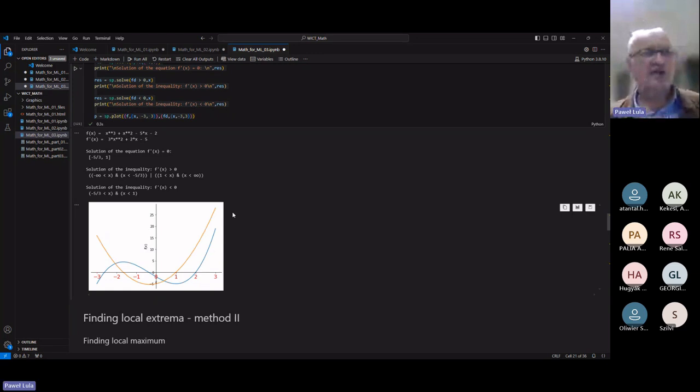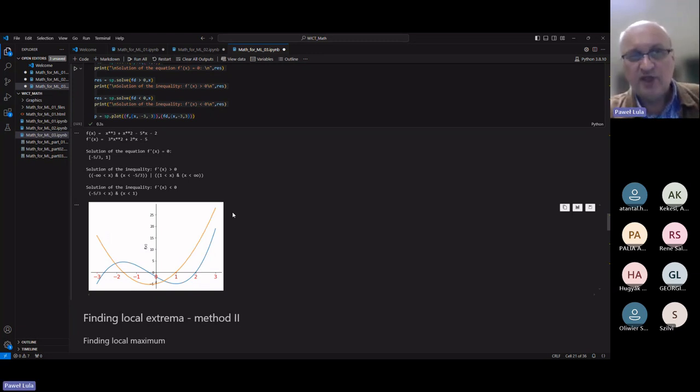And it was the first method which we can use when we want to find x values for which local extrema exist.